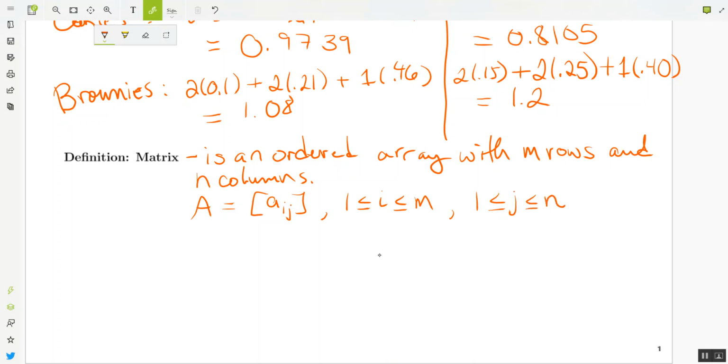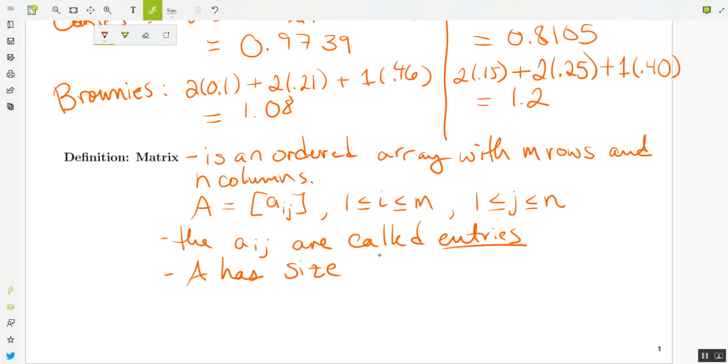Okay, so the little a_ij's are called entries. And we'd say that A has size, or the size of A is M by N. So there's that by symbol with a cross, just so you know.